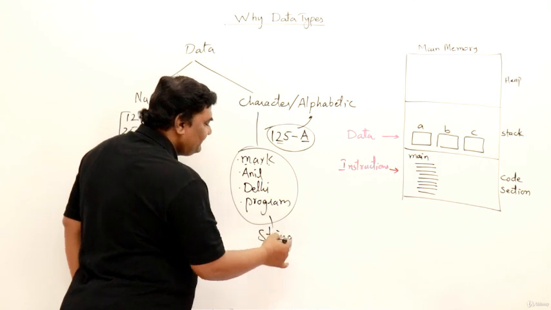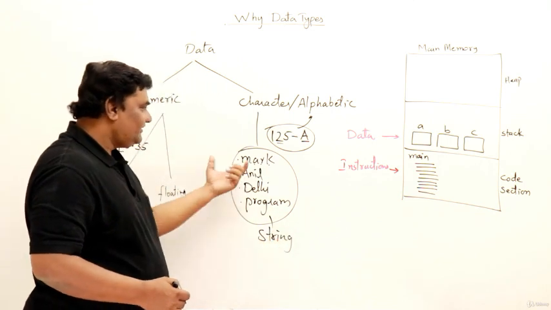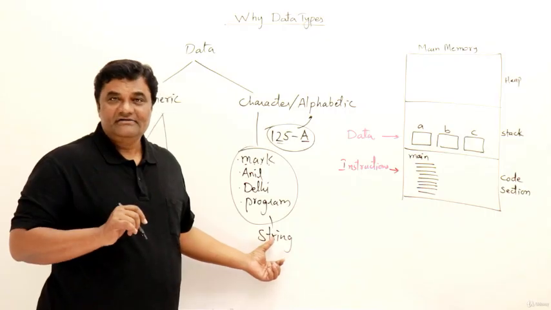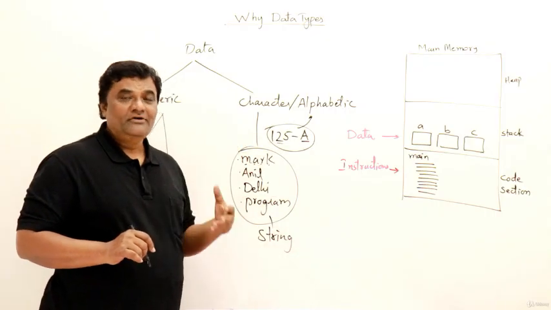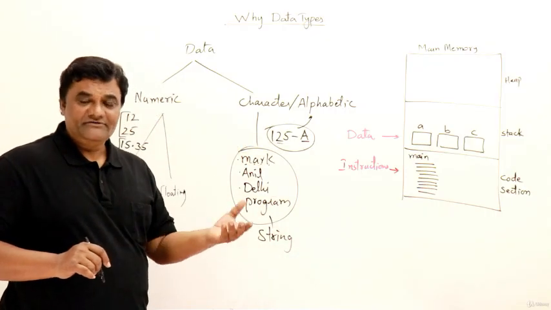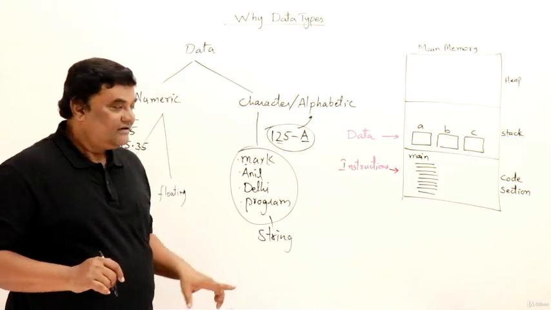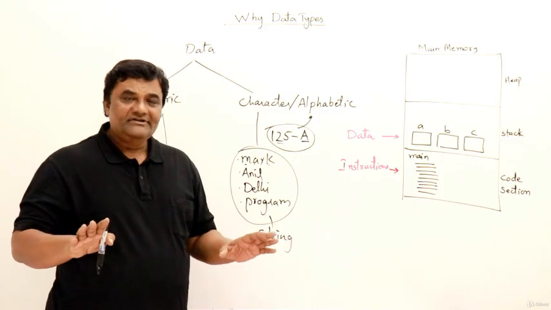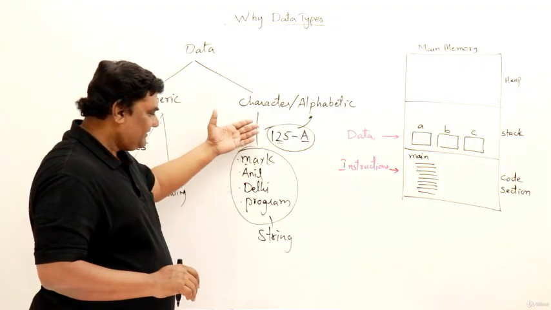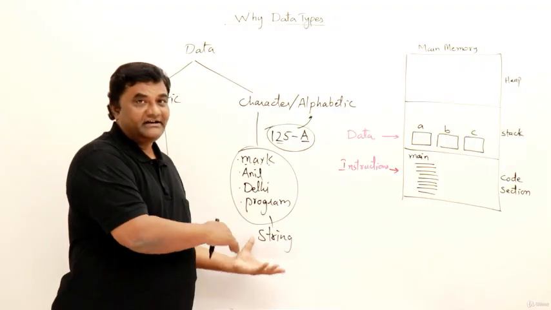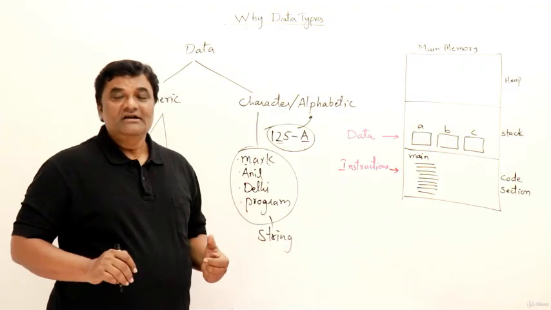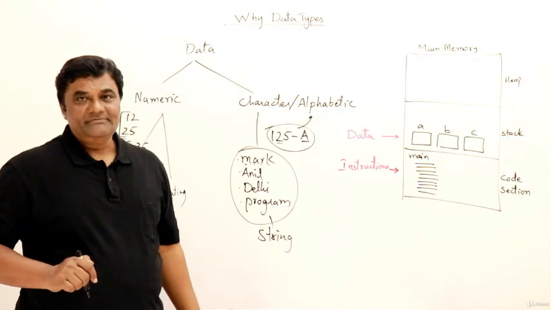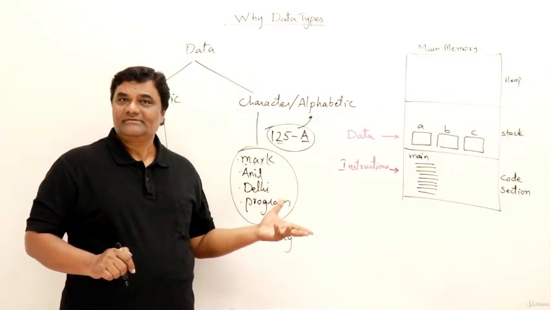So a string is nothing but a collection of alphabets or characters that are forming a single entity, that is a string. So a string may be the name of a person or a word or any word from the dictionary and so on. So if I talk about programming languages, they support the character type also, and a collection of characters is nothing but a string. So individual characters and collections of characters are both supported by languages. So in C++ both are supported.